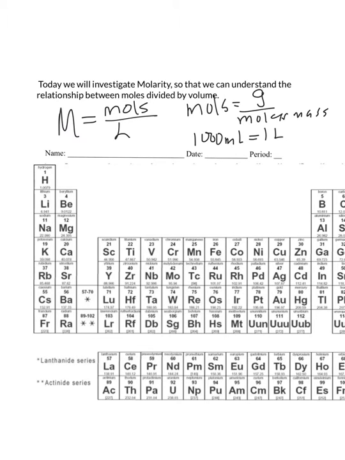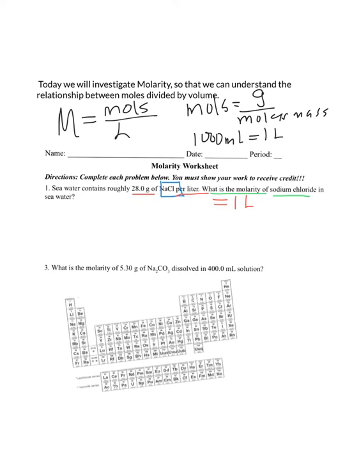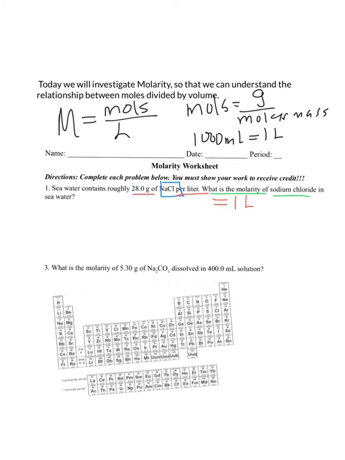And here we see we're dealing with sodium chloride. Sodium is 22.99. All right. So let's do our first conversion. 22.99. And our formula is NaCl, so we only have 1 sodium.